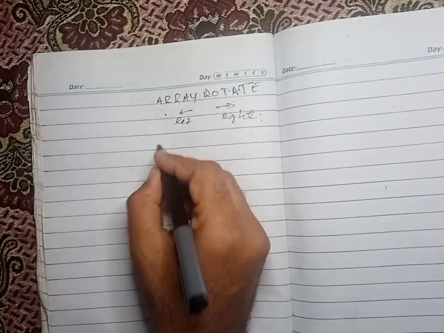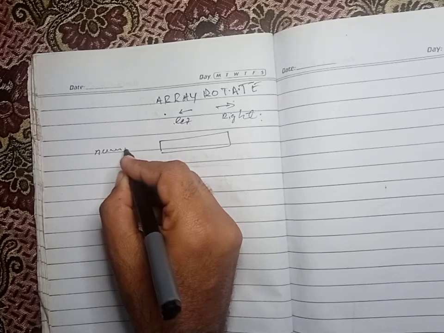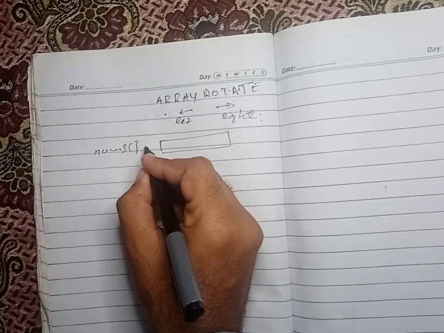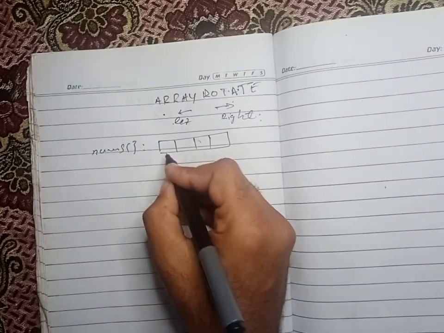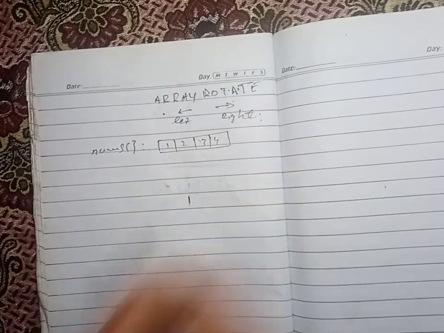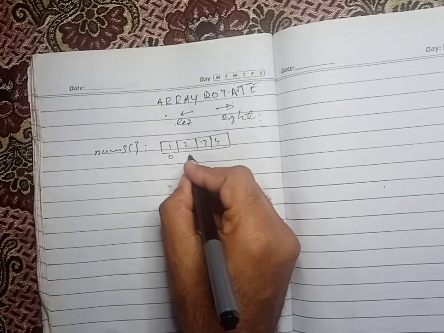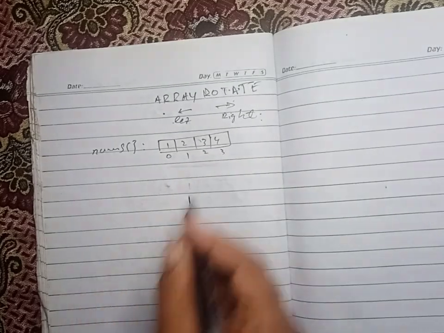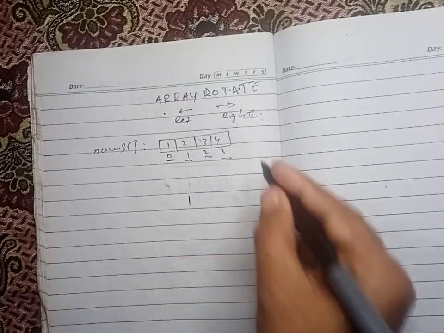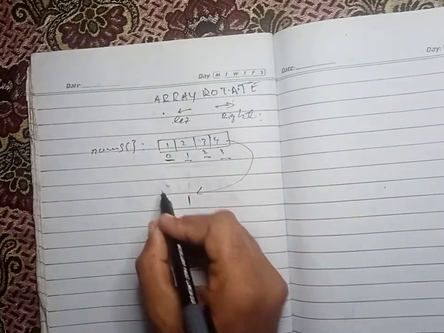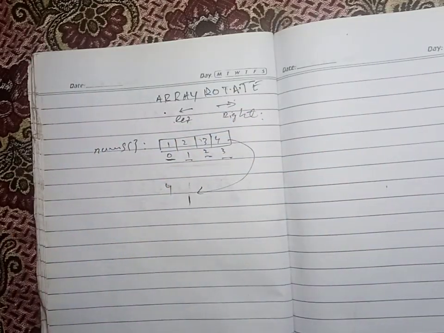We draw an array, like nums is an array, and in this array there are some elements like 1 2 3 4. This is the 0 location, so the indexes are 0 1 2 3. The size is 4, because there are 4 elements in the array.